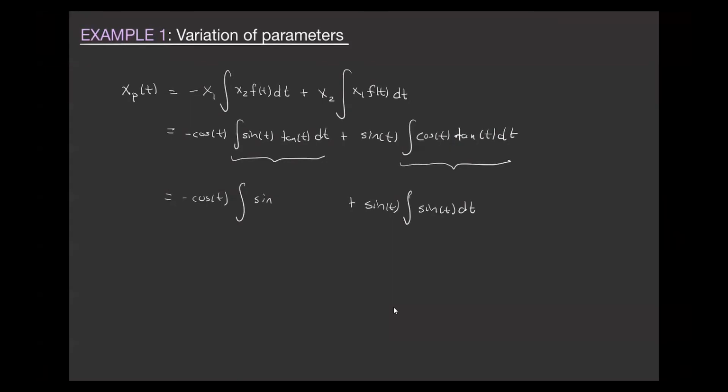Is that true? Sine squared t dt over cosine t. Actually, I'm drawing a blank on that one for a second. Yeah, at any rate, we're going to do this integral. May as well do that one. That's easy enough.